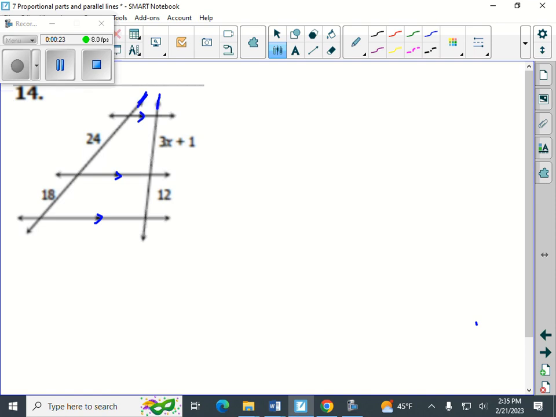And what happens is the parallel lines cut up the transversals proportionally. So we can set up our proportion of 24 divided by 18 equals 3x plus 1 divided by 12.